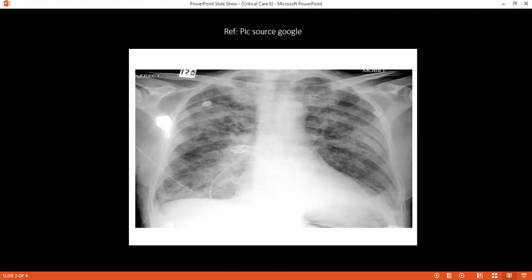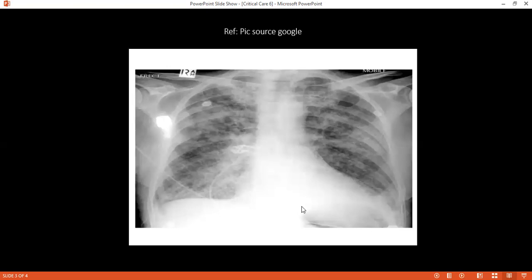There are diffuse pulmonary infiltrates involving both lung fields, and costophrenic and cardiophrenic angles are obliterated. They are not visible.